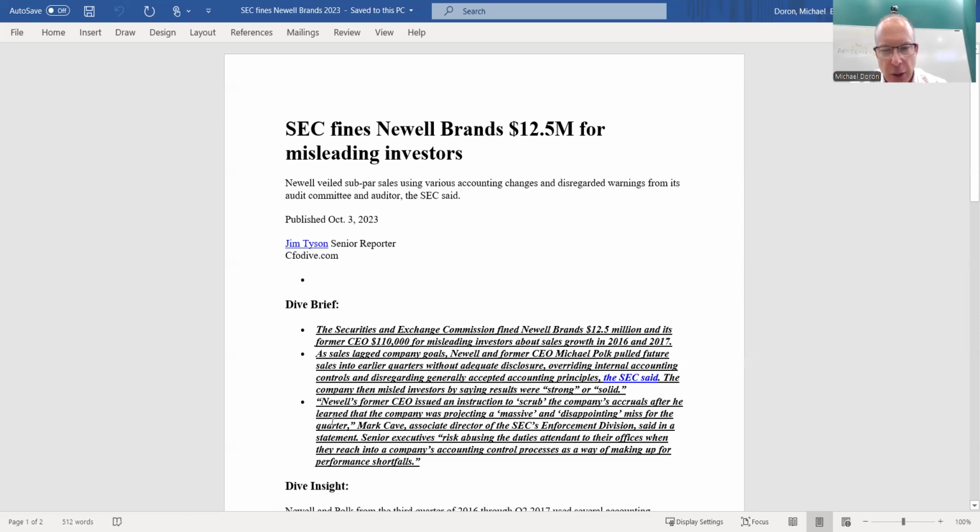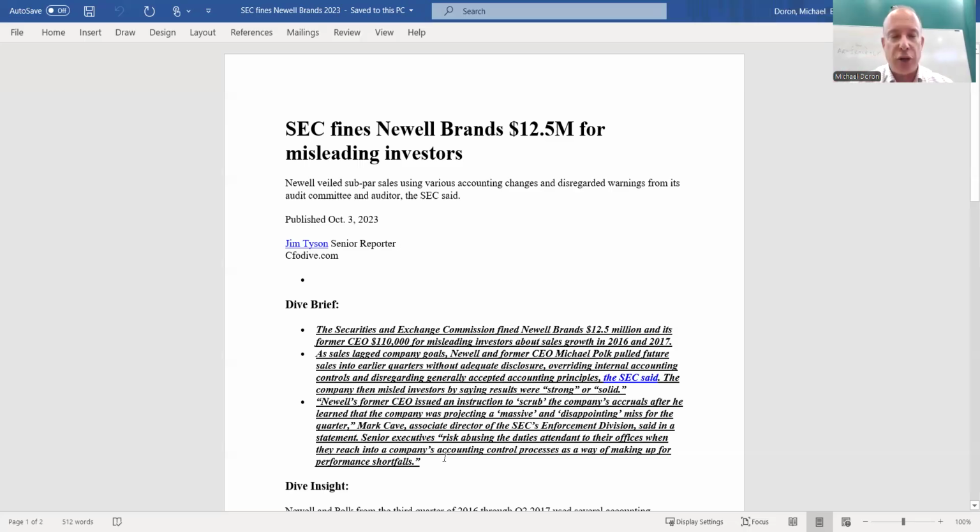Newell's former CEO issued an instruction to scrub the company's accruals after he learned that the company was projecting a massive and disappointing miss for the quarter. Senior executives risk abusing the duties attendant to their offices when they reach into a company's accounting control processes as a way of making up for performance shortfall.